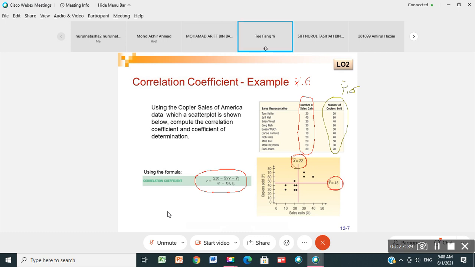Yang X bar tu 22. So tulis dekat chat, write down the chat.